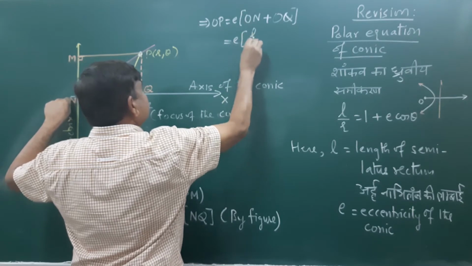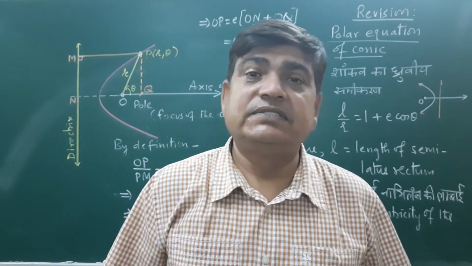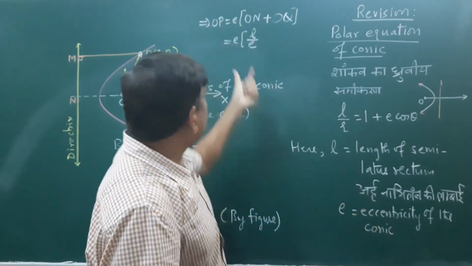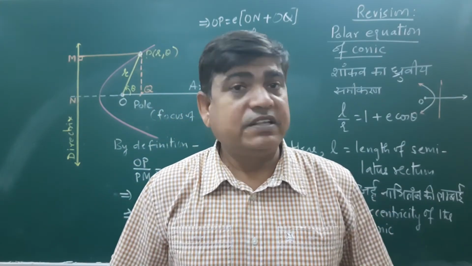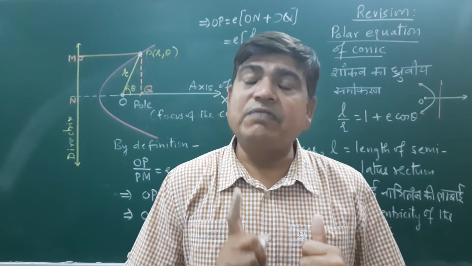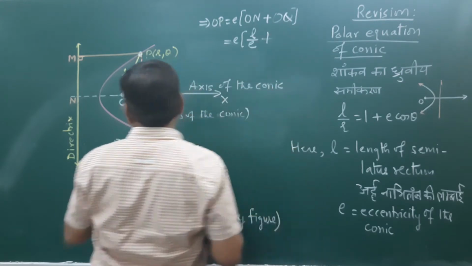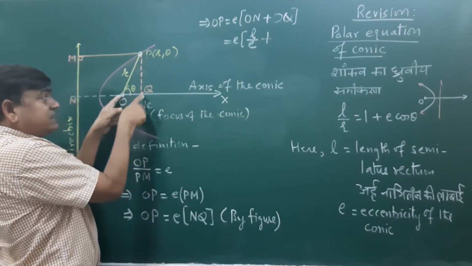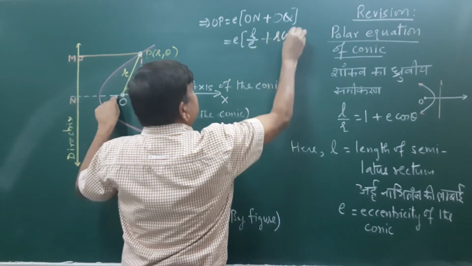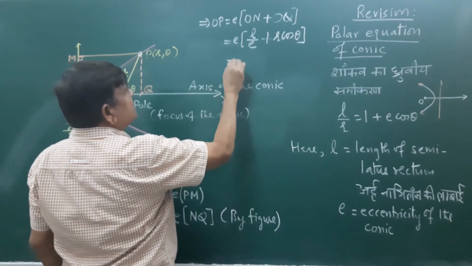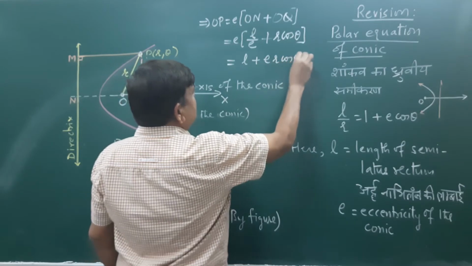ON, if you remember, it is L by E. मैंने कल बताया था, ध्यान रखना है कि ON को मैंने L upon E क्यों लिखा है. कल मैंने प्रूव किया था. यदि ये समझ में नहीं आ रहा है तो कल वाला वीडियो आपको वापस देखना होगा. Plus OQ. ये थीटा है. ट्रिग्नोमेट्री से OQ क्या बनेगा? R cos थीटा. So this is L plus E R cos theta.